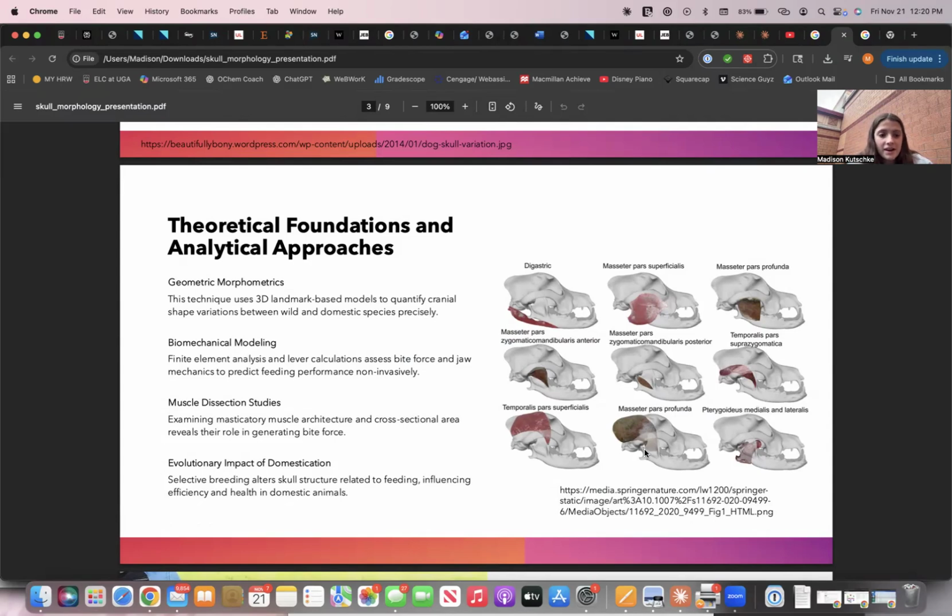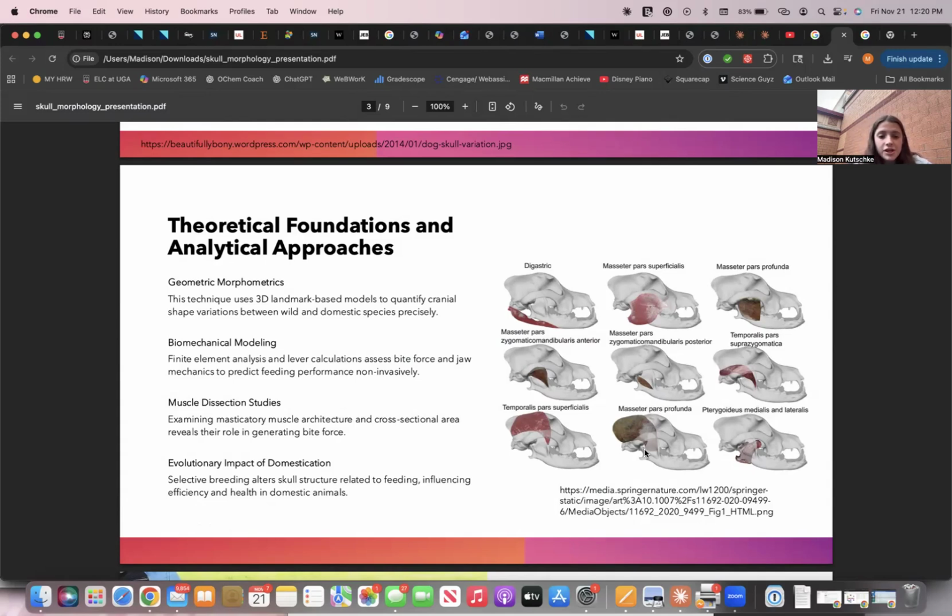Biomechanical modeling is a finite element analysis that uses calculations to calculate the bite force and the jaw mechanics to predict feeding performance non-invasively. Muscle dissection studies have been done to examine what muscles are attached to what part of the skull, if they're tighter in certain areas, if they're not even present in certain areas, and so forth. That can influence how strongly these animals can bite down.